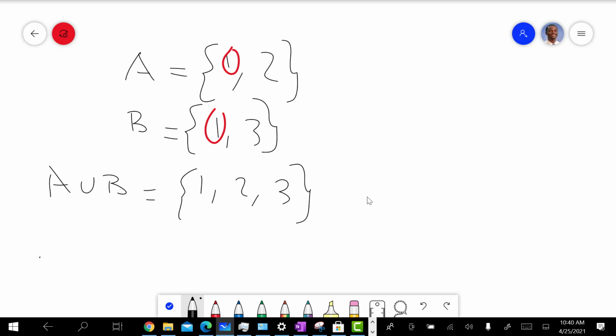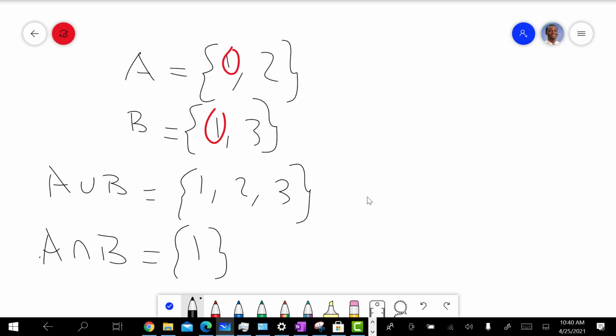Now, what would be the intersection of A and B? Just look at the element that is common to both, which is 1.